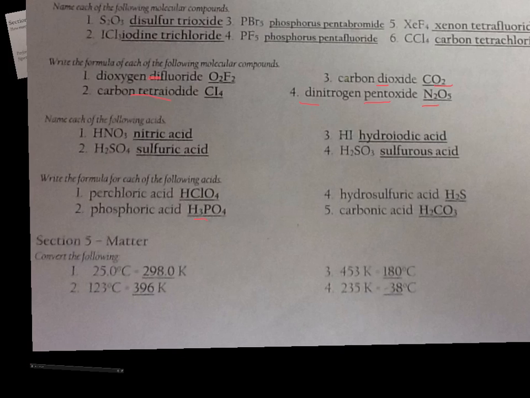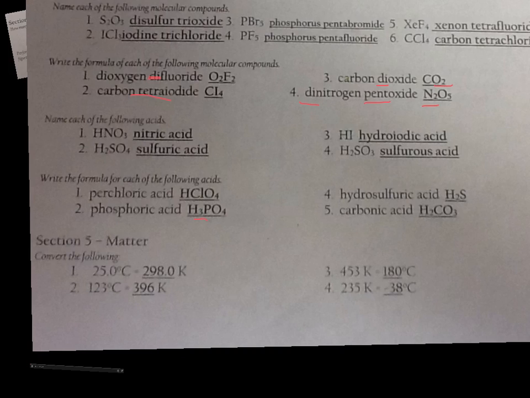And hydrosulfuric acid is H2S because you add the 2 from the charge on sulfur. Carbonic acid is H2CO3 because carbonate is a polyatomic ion and has a -2 charge.